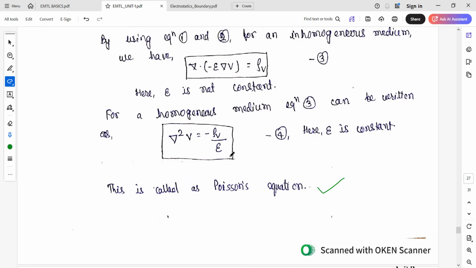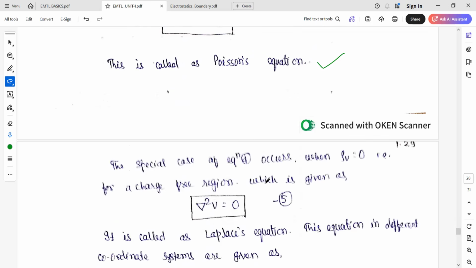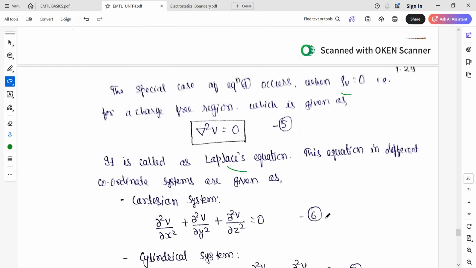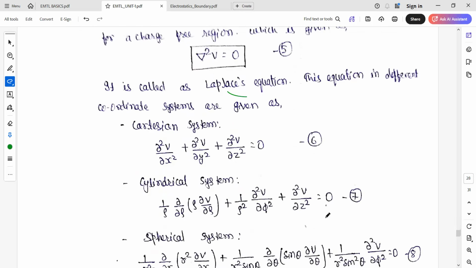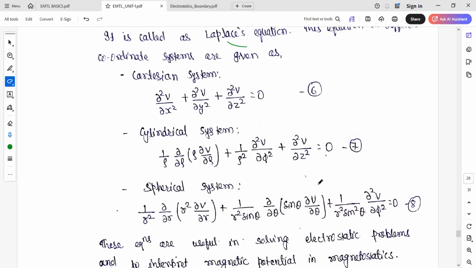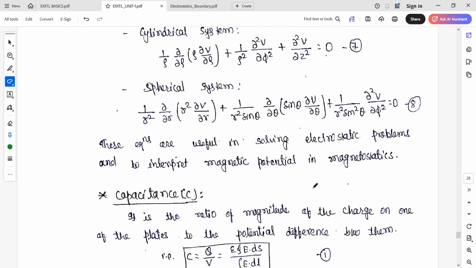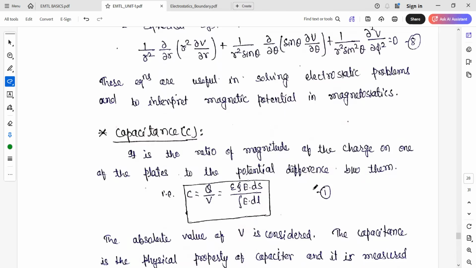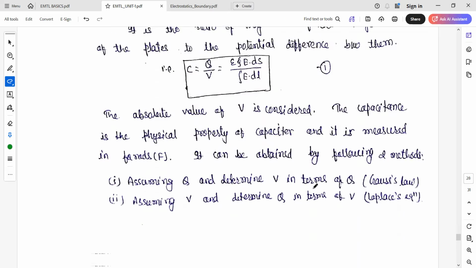The limiting case of the Poisson equation is the Laplace equation: when rho v is 0, del square V equal to 0. Whatever topics I am telling are important from the examination point of view, and a separate video is also available, so if we are going a little fast, you can see that.